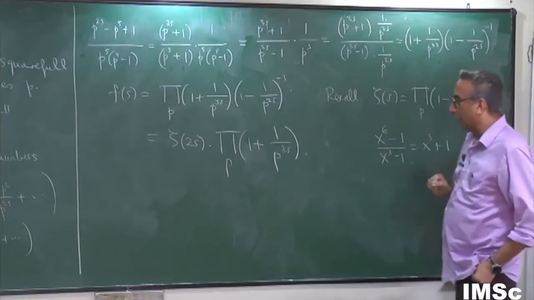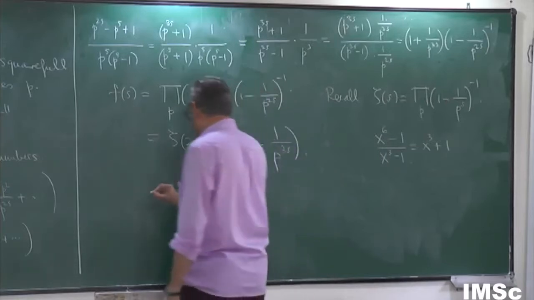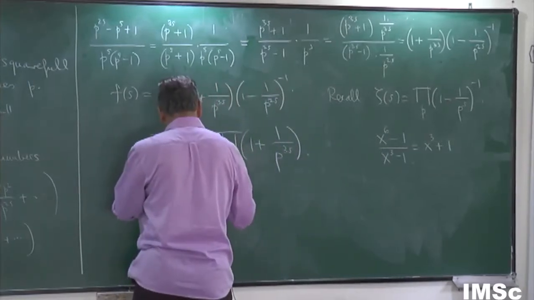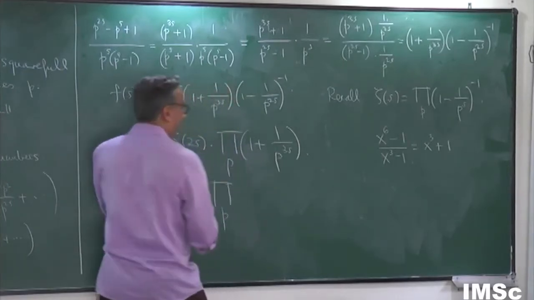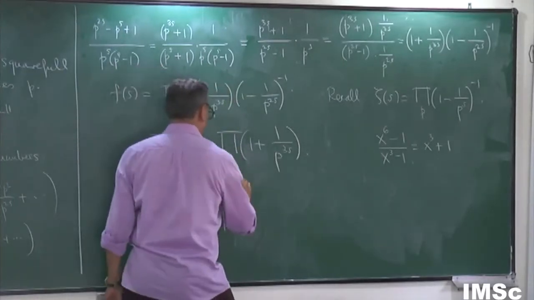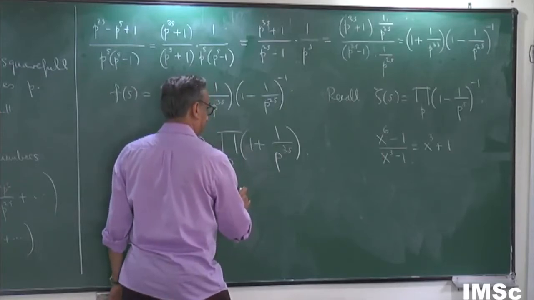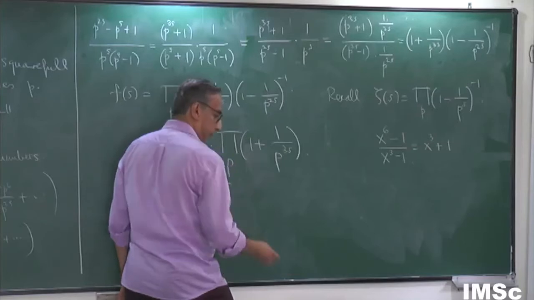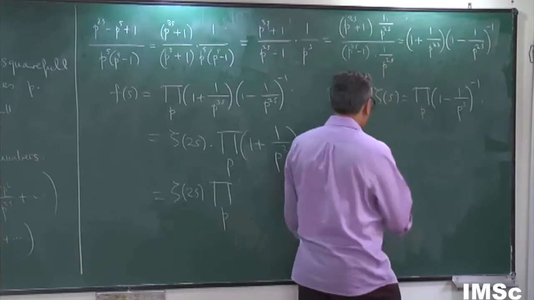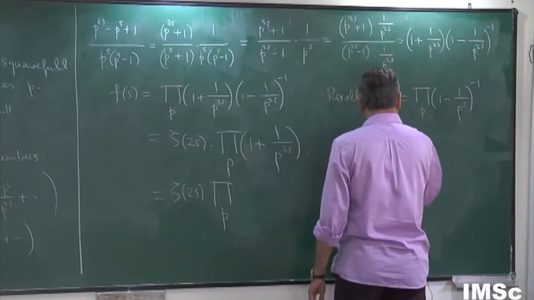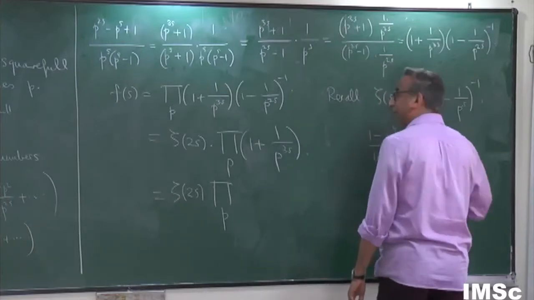Okay. So I recognize this as 1 plus x cubed, and I rewrite that as zeta 2s times the product over p. Well, if you don't mind, I will write this identity as 1 minus x to the 6 over 1 minus x cubed as 1 plus x cubed, so that you can see it.